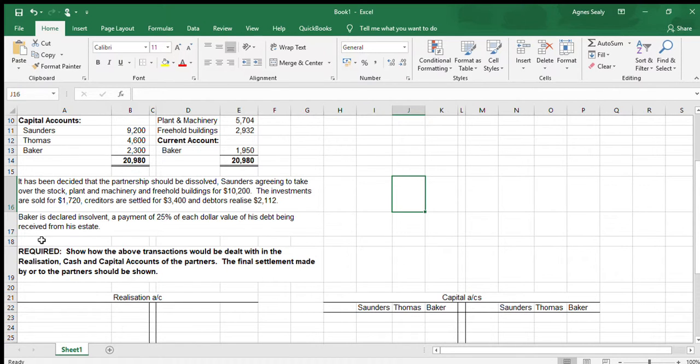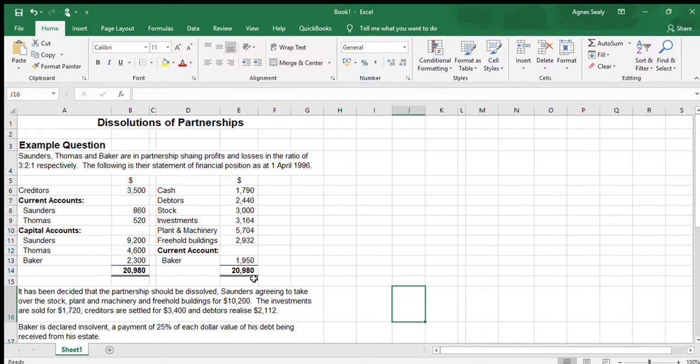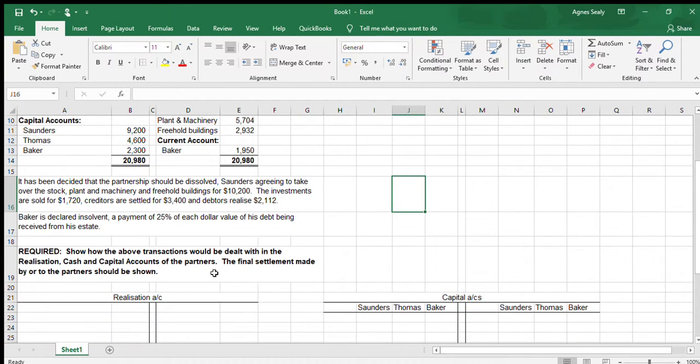Okay. Now we just went through the accounting entries. I went through those accounting entries for you. So the first thing that we're going to do is the first accounting entry, where we are going to transfer the assets at their book value to the realization account.